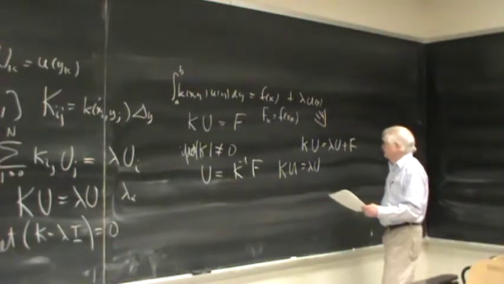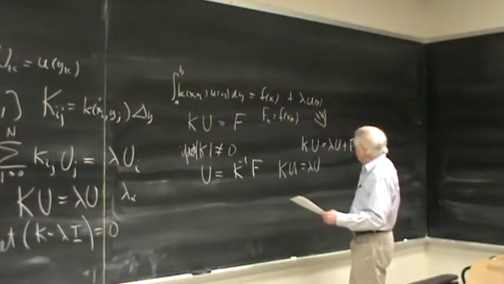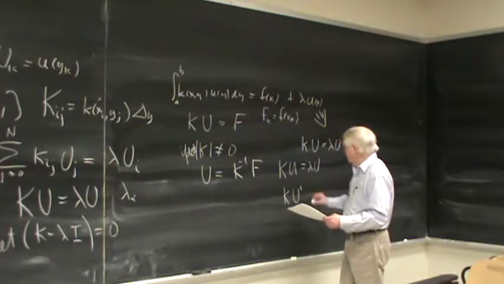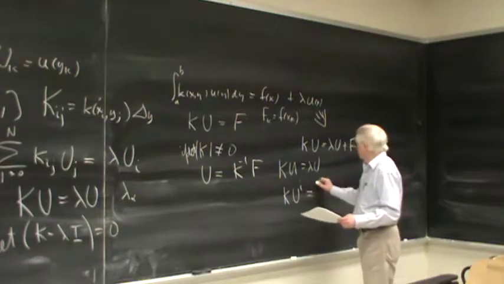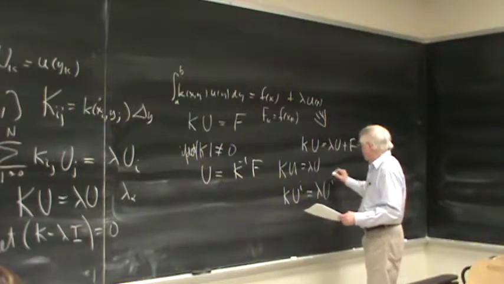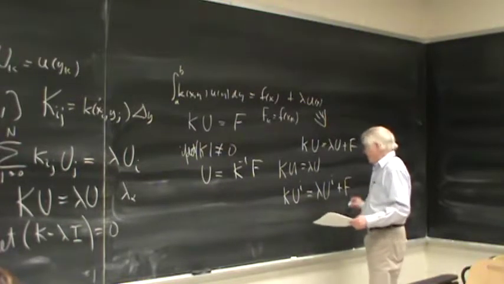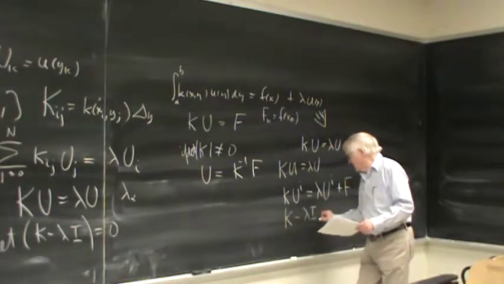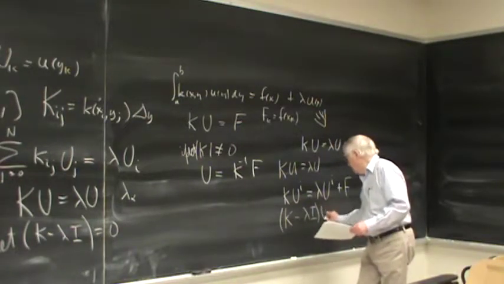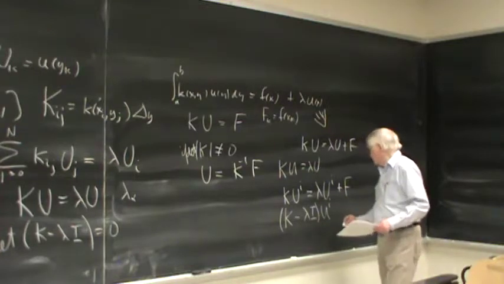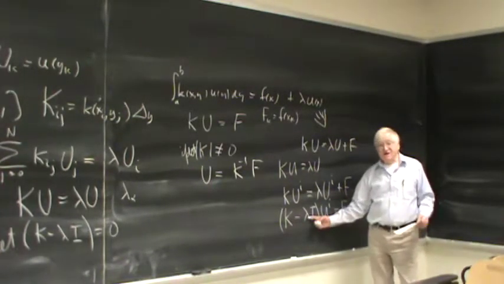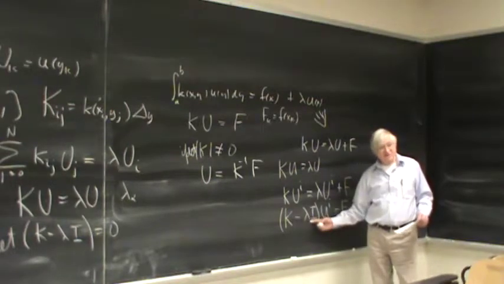And then you look for an inhomogeneous solution, such that K u inhomogeneous is lambda u inhomogeneous plus F. And now that matrix equation is K minus lambda I on u inhomogeneous is equal to F. If lambda is not an eigenvalue, the determinant of this doesn't vanish.